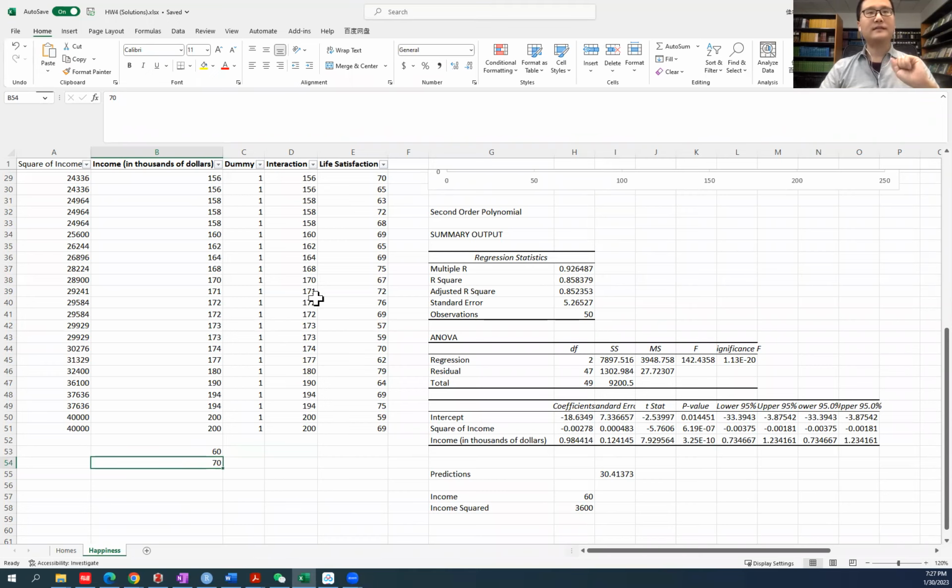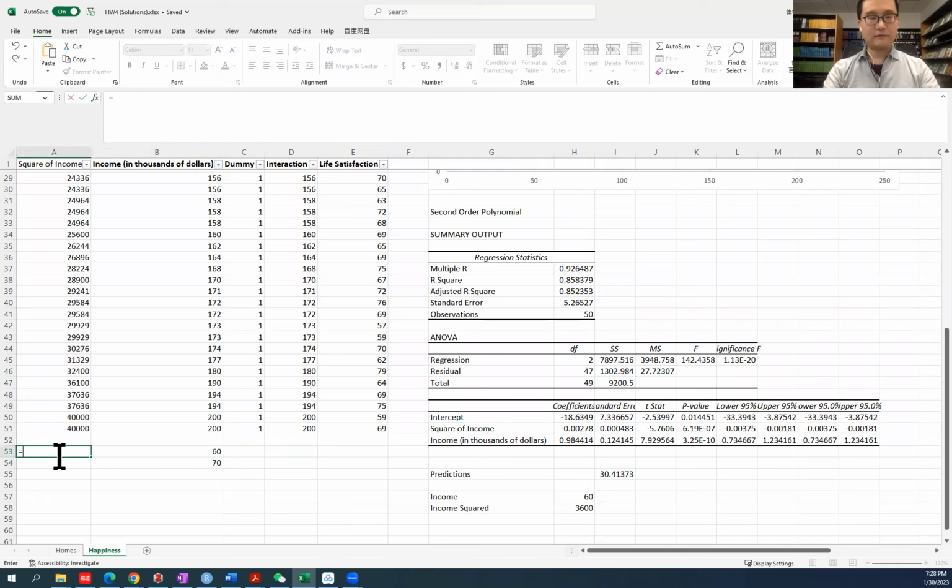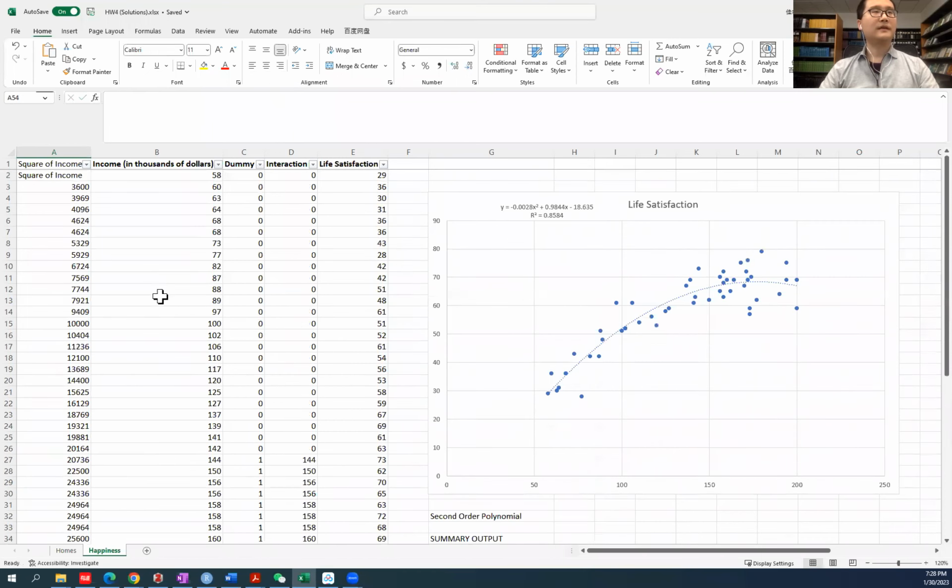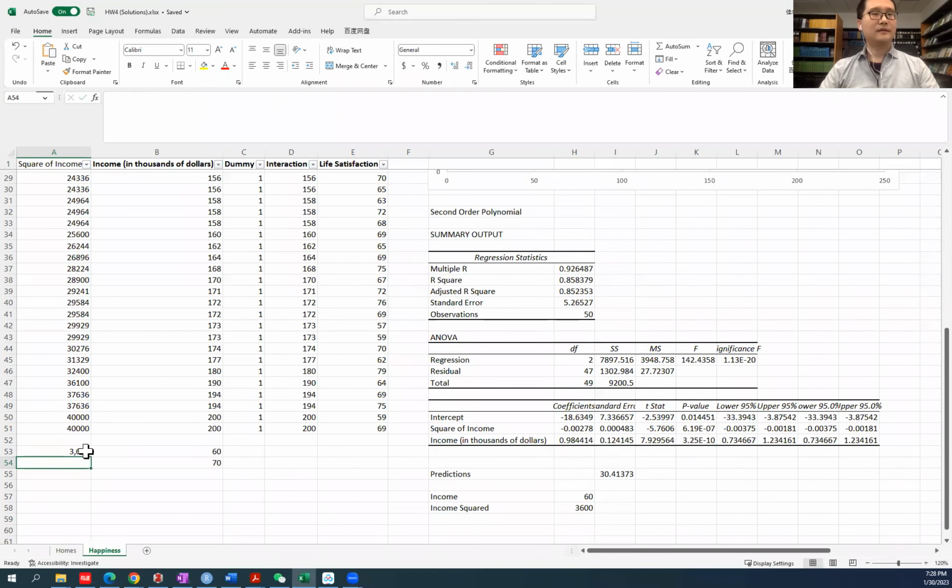Now we need to calculate the difference in life satisfaction. However, what goes into the equation includes a square of income, right? So we should also calculate a square of it by using a cell formula of this much raised to the power of 2 using this symbol.